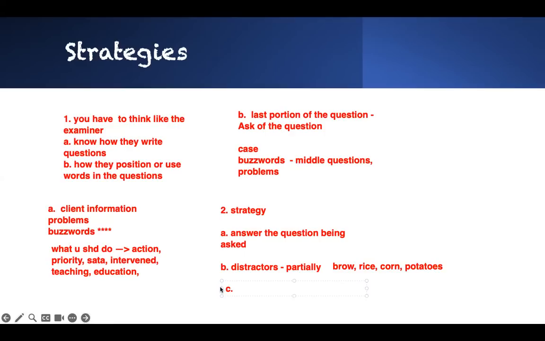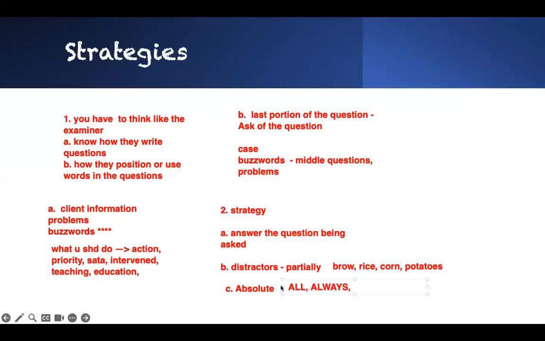Okay? And then don't look for absolute values. I don't look for them because I'm looking for the right answer. But when you see an absolute value, you should not pick it. There's nothing absolute in medicine. That means all. When you say all, always, it shouldn't be.